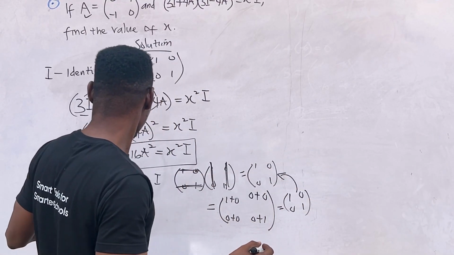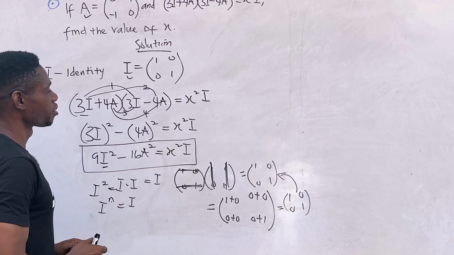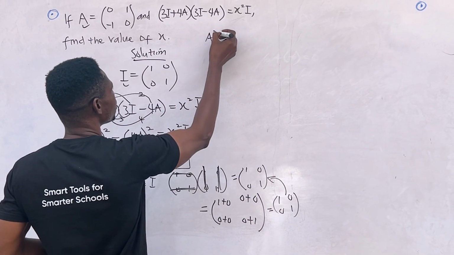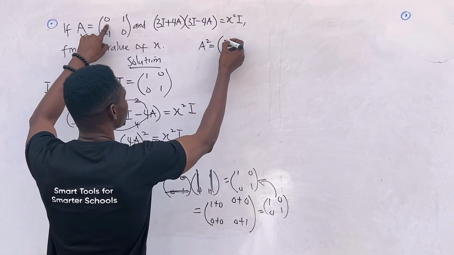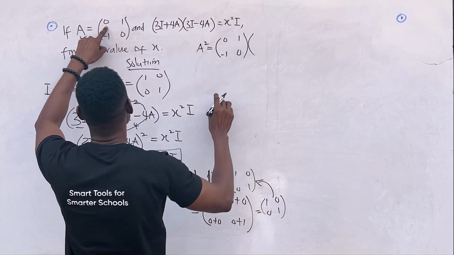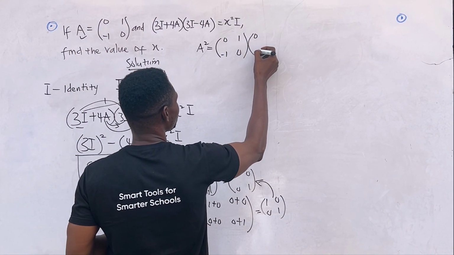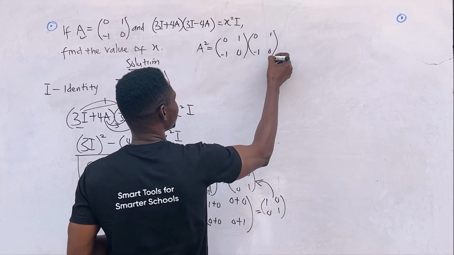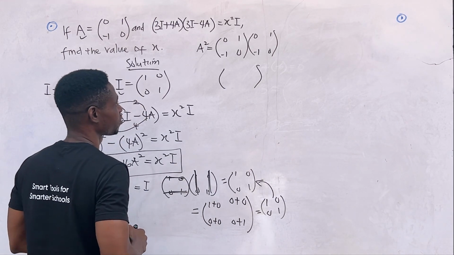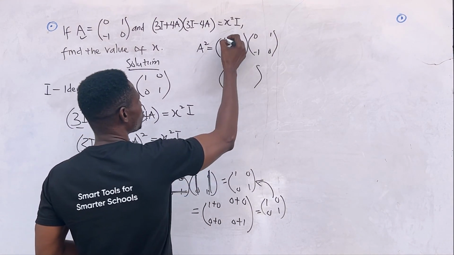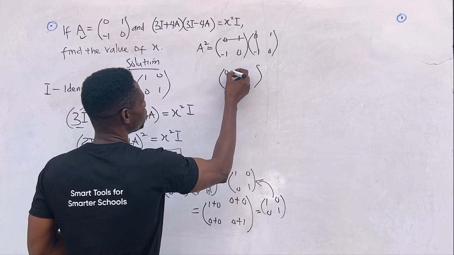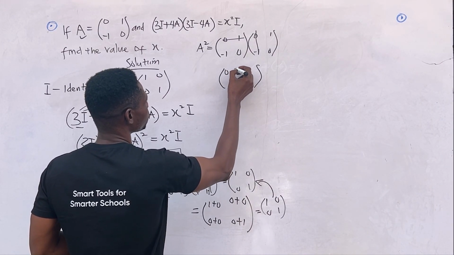Now how about the A? So we have I squared and A squared. Let's look at our A. What will our A squared be? A squared will be A, which is 0, 1, minus 1, 0, multiplied by 0, 1, minus 1, 0. Remember, first times first to give us the first, so we'll have 0 minus 1.